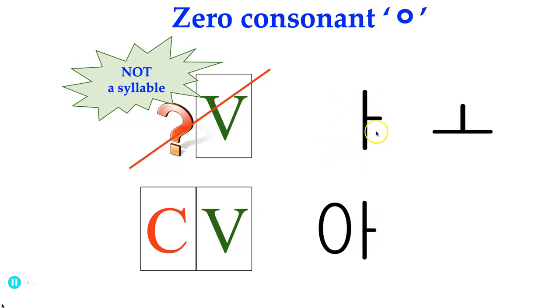However, the first one is considered more like a letter, and the second one is a syllable. So when you create a syllable, you always have to keep in mind that some kind of consonant occurs at the initial position. Here, because it doesn't have a consonant, you just add the open circle to create a syllable. And these two are identical in terms of pronunciation.